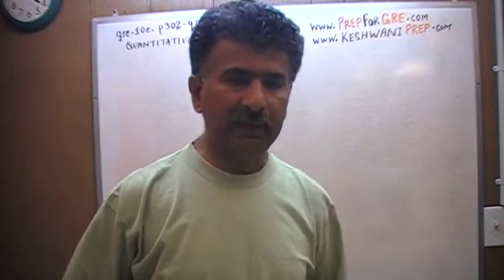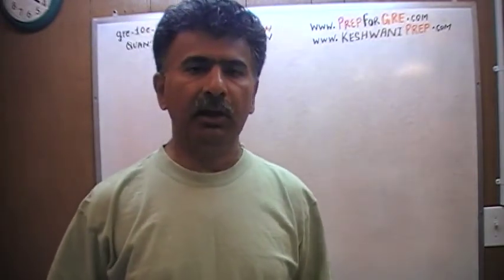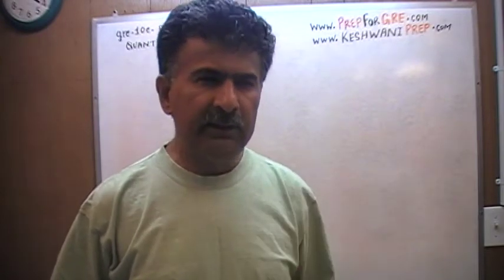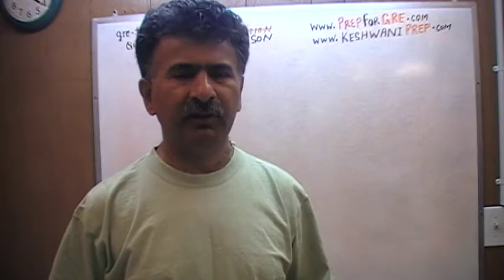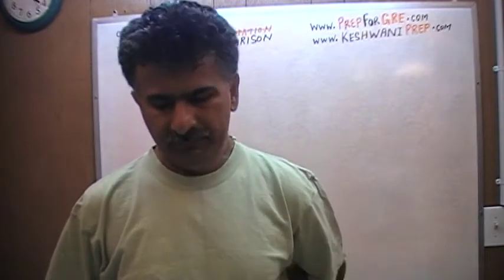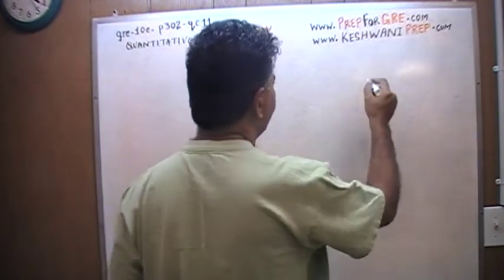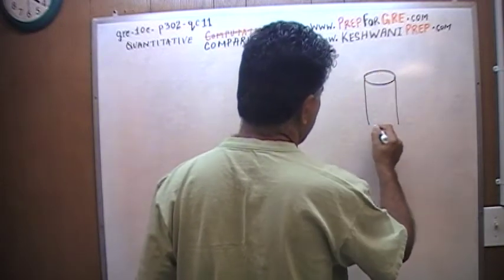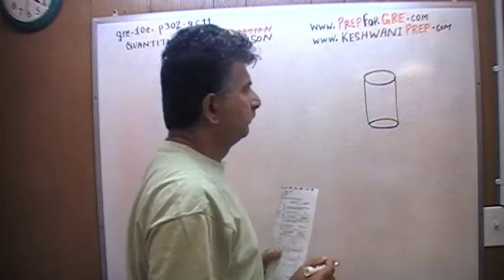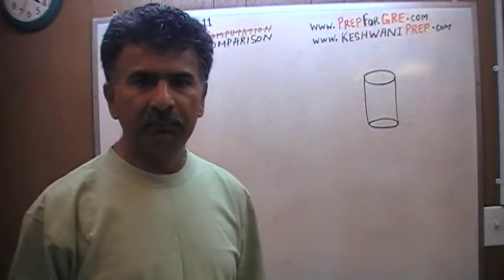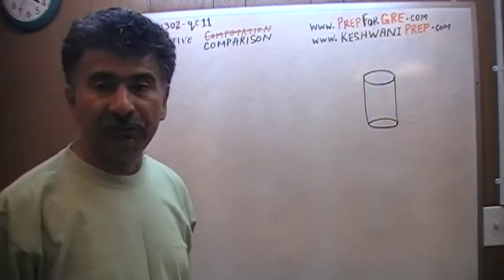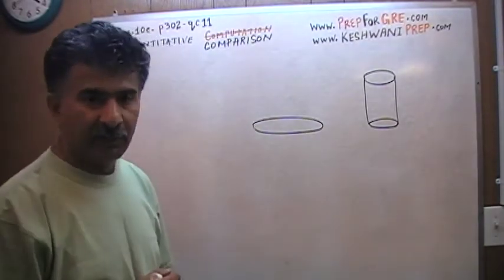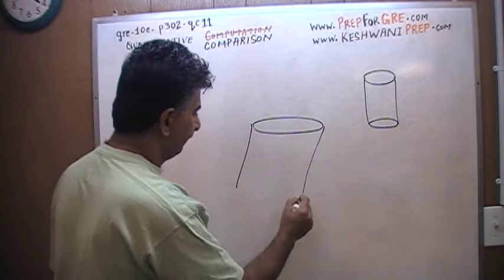First of all, what does it mean, a right circular cylinder? Again, a right circular cylinder is a very nerdy, very annoying, very obnoxious way of saying a cylinder. That's all, it's a cylinder. A right circular cylinder, because on the top it's a circle, it's not an oval, and it's a right circular cylinder because cylinder is not like this.